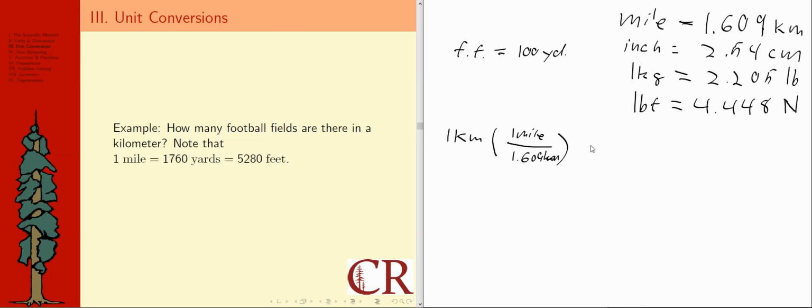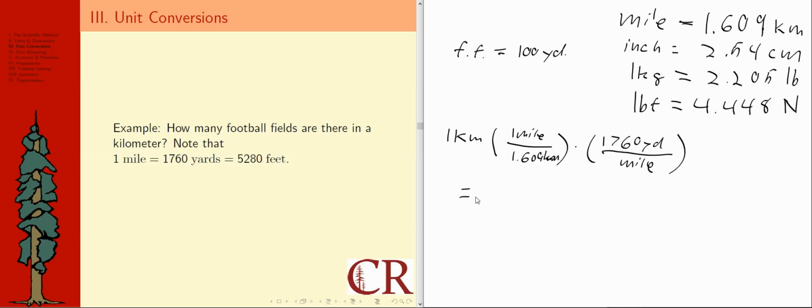And so that's going to give me something in miles. But then, given the information that's right here, I could multiply by the 1760 yards for every mile. And that, of course, means kilometers cancel, miles cancel. At the end of the day, I'd get some number in yards.